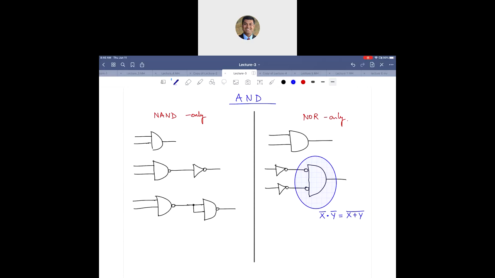So that's a NOR gate. And I also know that I can sketch NOR gates for NOT. So I have a NOT gate there, I have another NOT gate there, and then both of these go into another NOR.